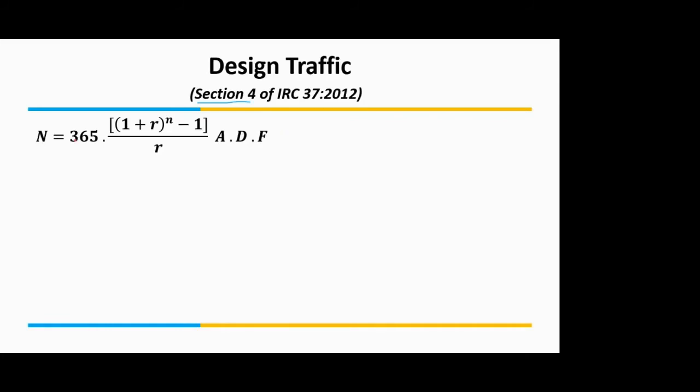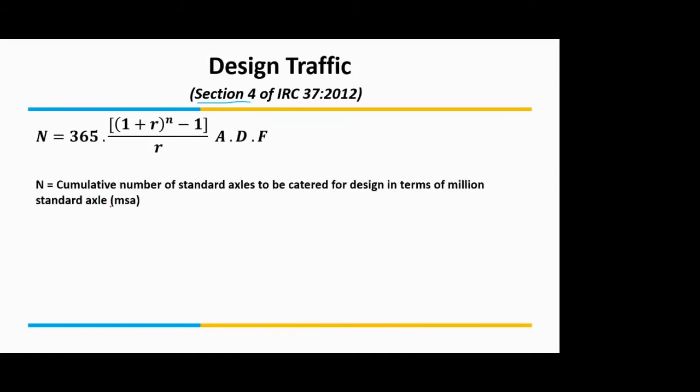It's straightforward: N = 365 × [(1 + r)^n − 1] / r × ADF. You can see a lot of terms going into this formula, and obviously I'll tell you each of them. Starting with the first one, on the LHS you have capital N, which is the cumulative number of standard axles to be catered for in design, in terms of million standard axles.